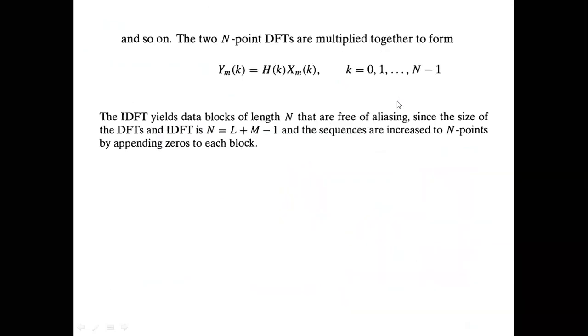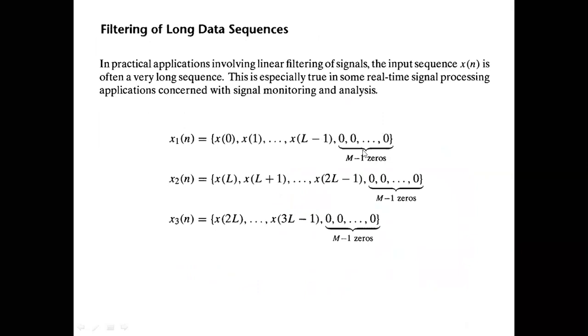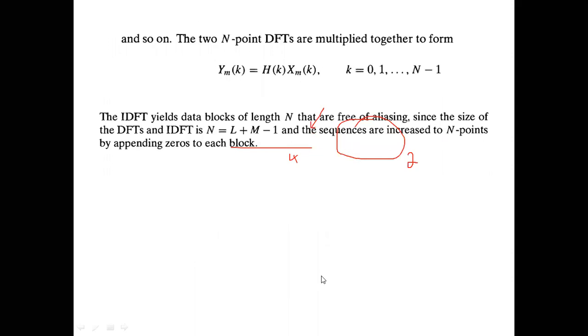Let us learn that formally. We break x of n into smaller pieces of length L, from 0 to L minus 1. L is 4 in our example. Then afterwards add M minus 1 zeros. M was 3, so M minus 1 is 2 in our example. Then we perform convolution.